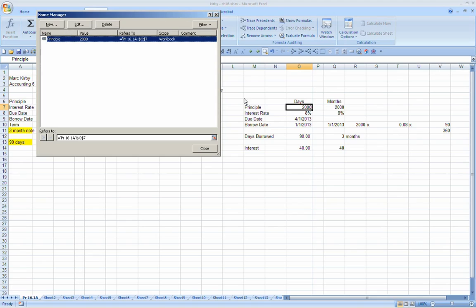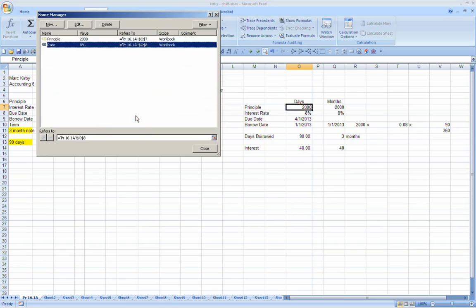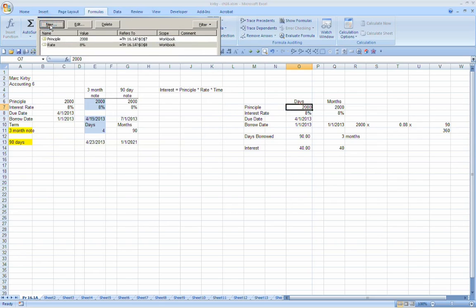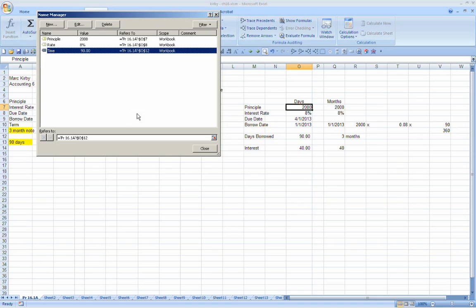Okay. I'm going to new. I want to call this rate, and I'm going to have it refer to this cell, the interest rate, and I can add a new one, and this can be time, and have it refer to this cell right here. Hit OK.